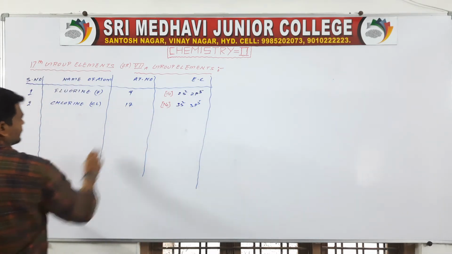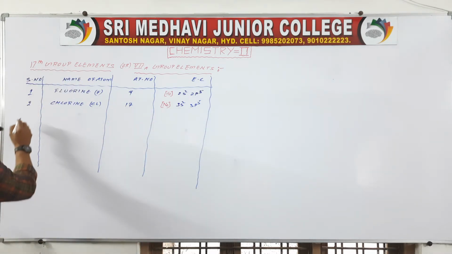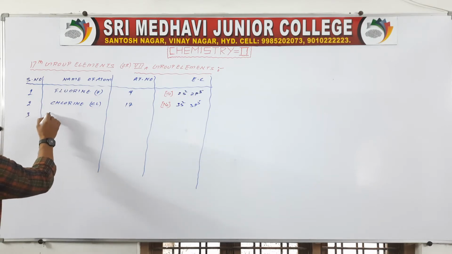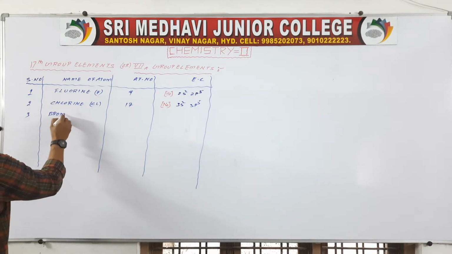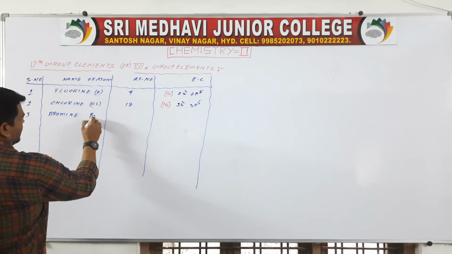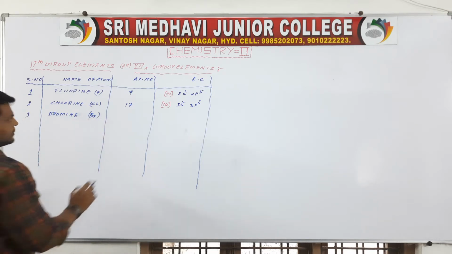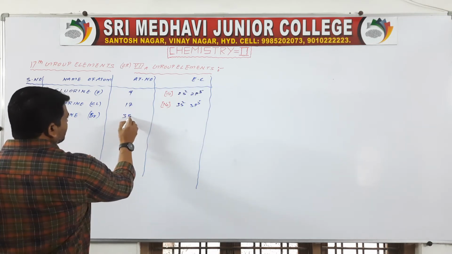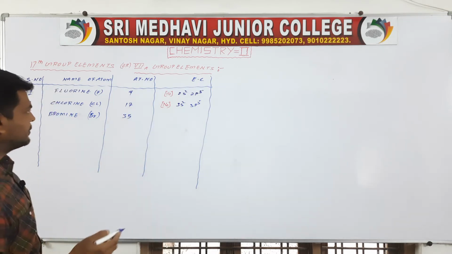Then the third one, after fluorine and chlorine, is bromine, symbol Br, atomic number 35.